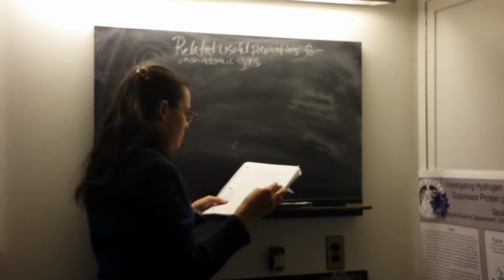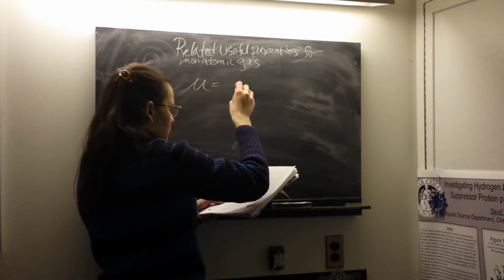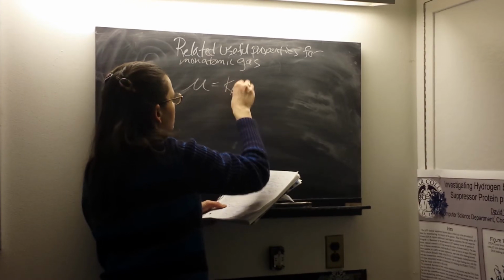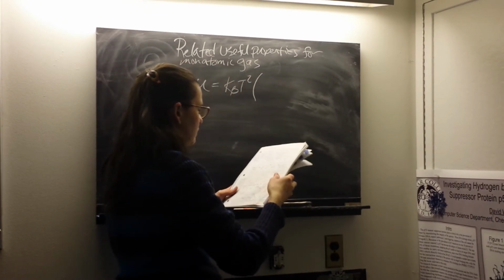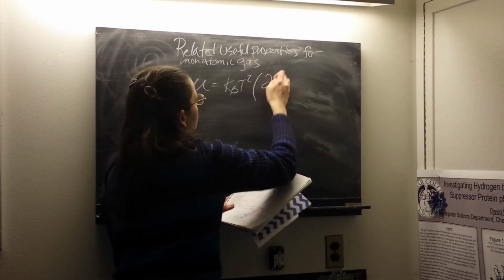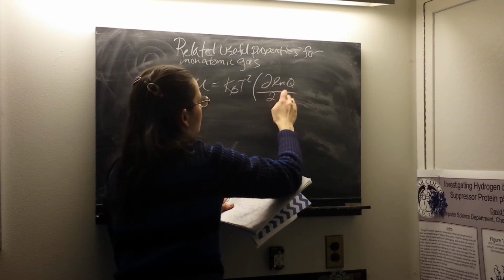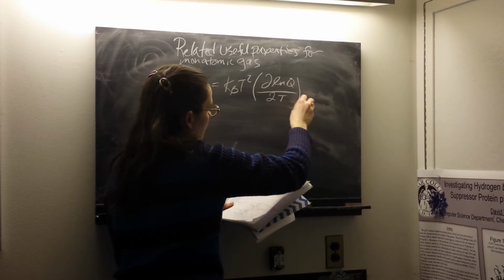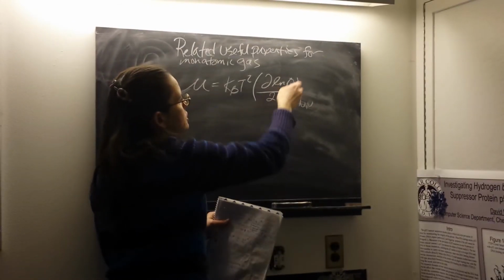How about the average energy? So U is going to be equal to kBT squared times a derivative, d ln Q over dT, with N and V constant.